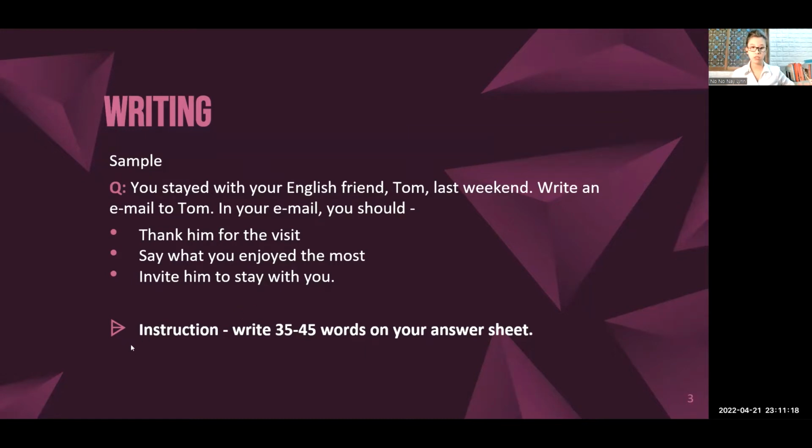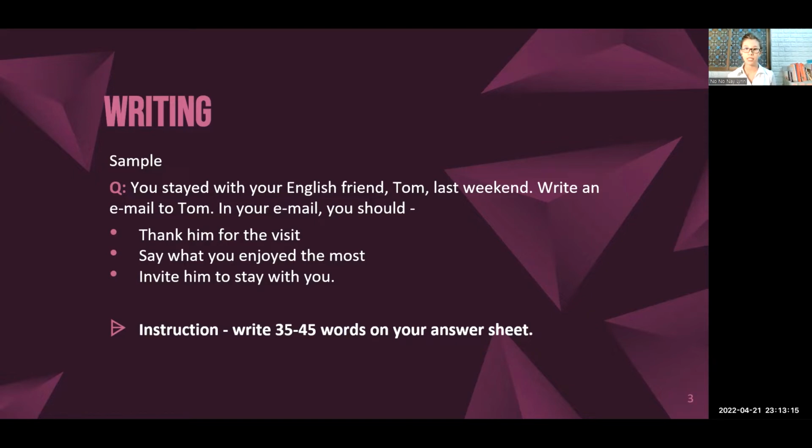And the general instruction for this task is to write 35 to 45 words on your answer sheet. So when you write your answer to this question, you have to write between 35 and 45 words on your answer sheet. You will have to write everything on your answer sheet. You can't write anything on your question paper.